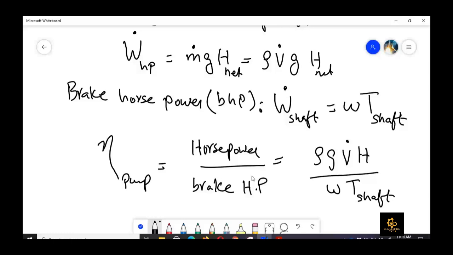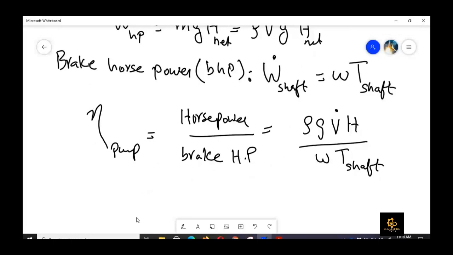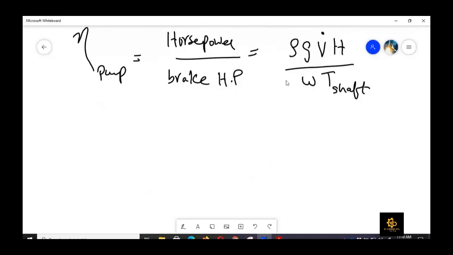Now this efficiency has two extremes. The brake horsepower is going to be provided by the motor, so if the electricity is there, it is going to provide that. But in the numerator we have four parameters.